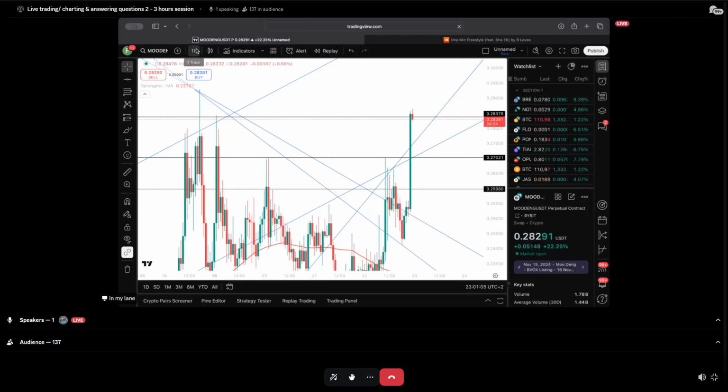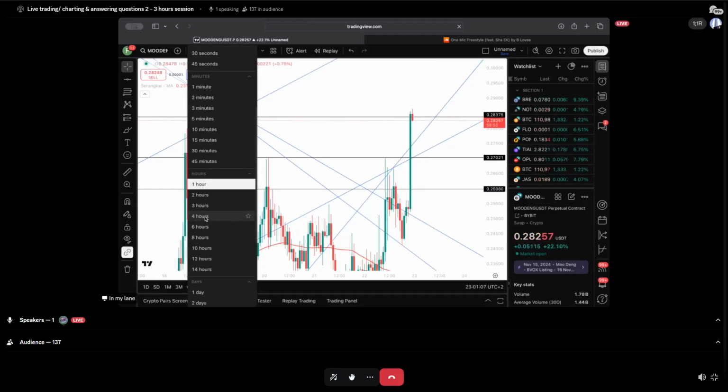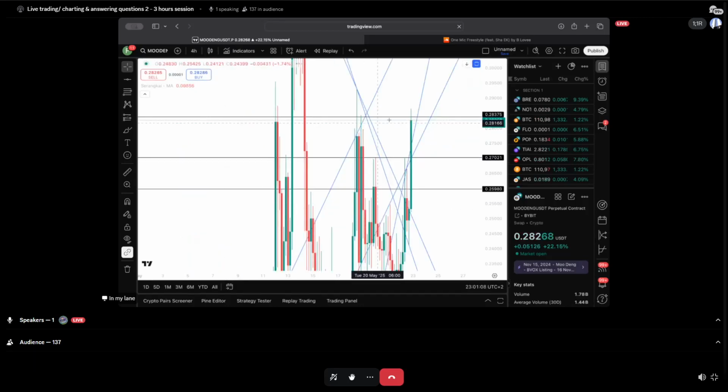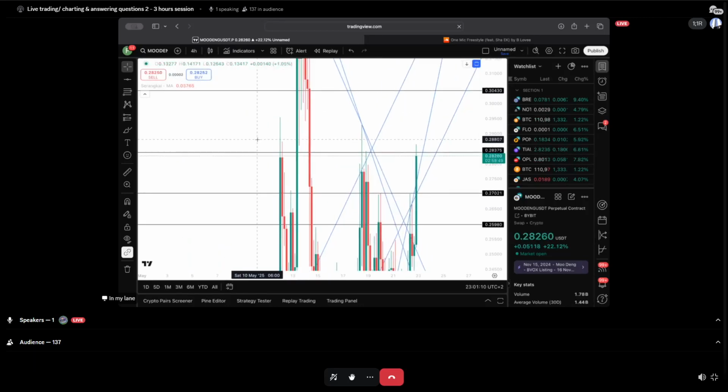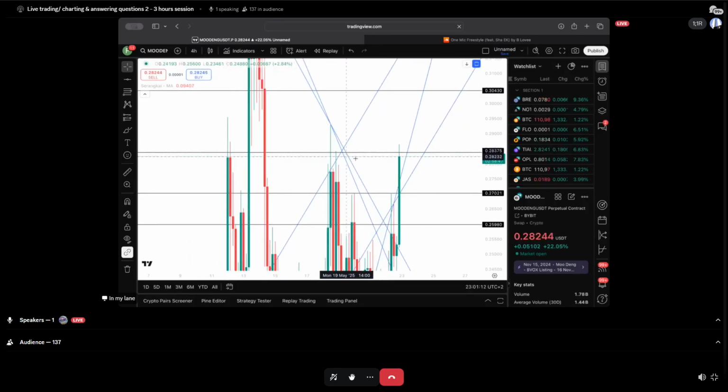So what I would do is just wait for the 4H close. As you see, every time we try to break out, we fail. Right now, we're trying to break out. I don't know how it will go, but it's better for me to wait for a close above.